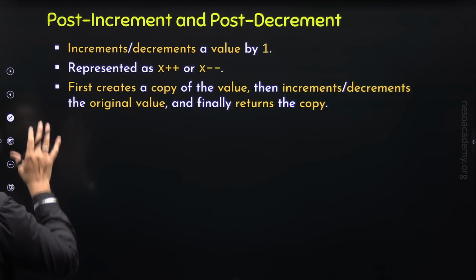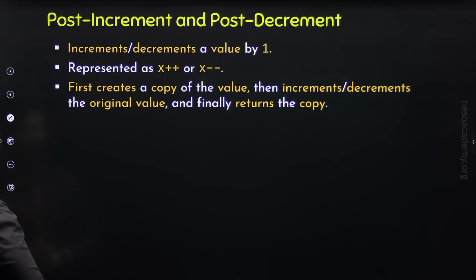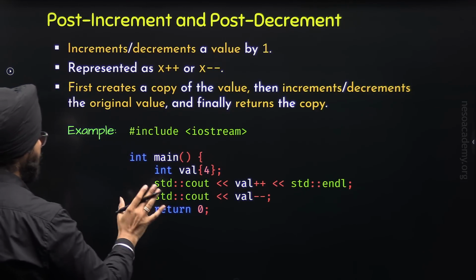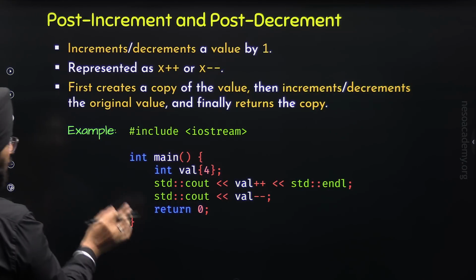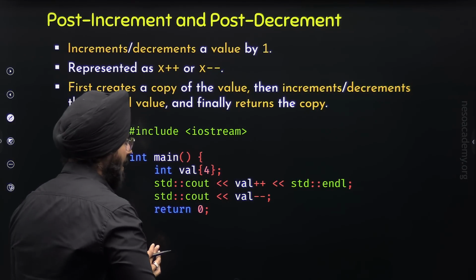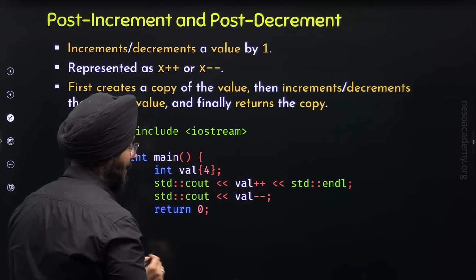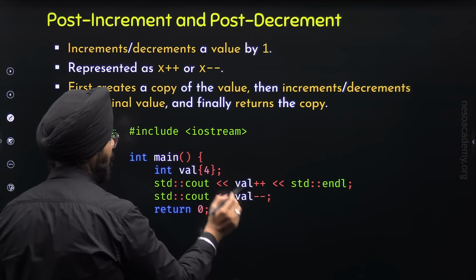Now, let me properly justify this point and the other points mentioned here with the help of an example program. Again, I took the same example program but with some updates. Here, in place of ++val, we have val++. And in place of --val, we have val--.